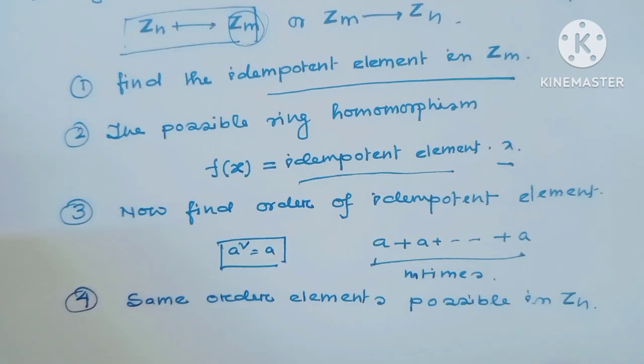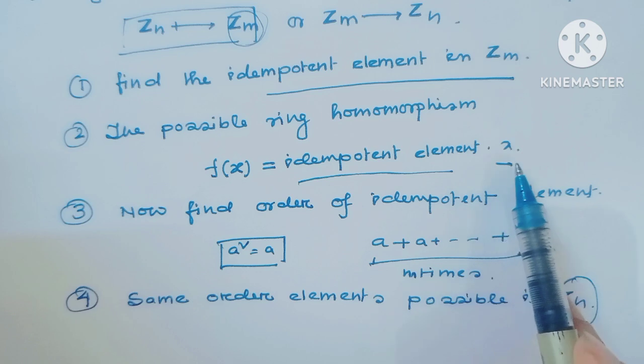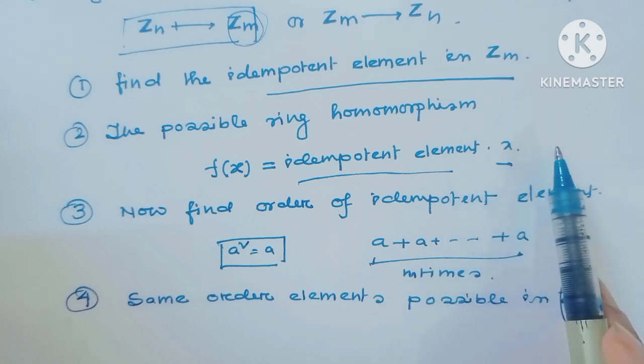We have to find whether an element of the same order is possible in Zn. If an element of the same order is possible in Zn also, then we can choose this idempotent element times x, and obviously it would be a ring homomorphism.